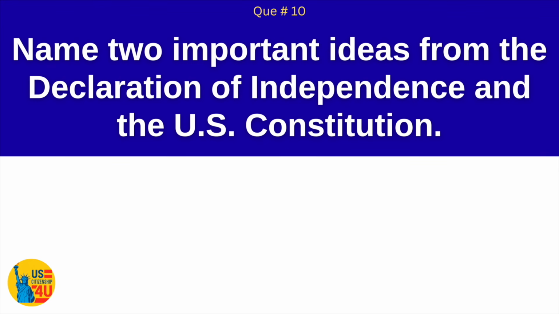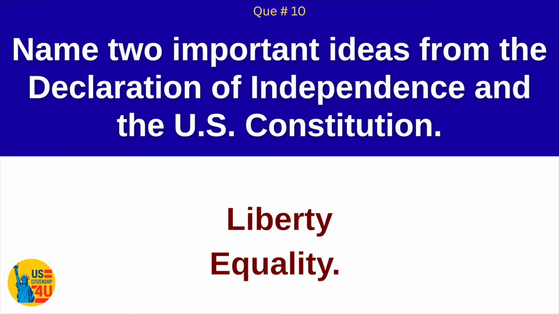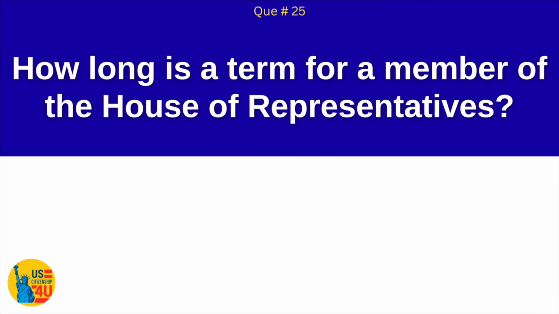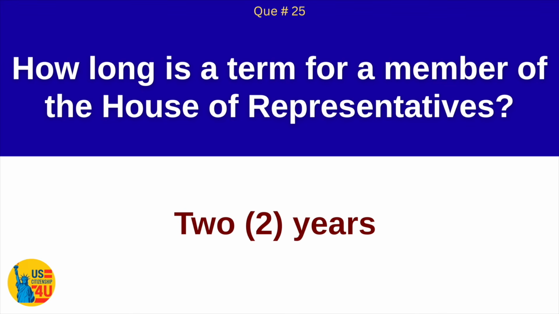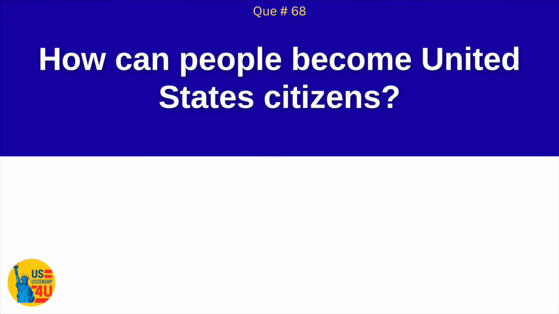Name 2 important ideas from the Declaration of Independence and the U.S. Constitution. Liberty, equality. How long is a term for a member of the House of Representatives? 2 years. How can people become United States citizens? Naturalize.